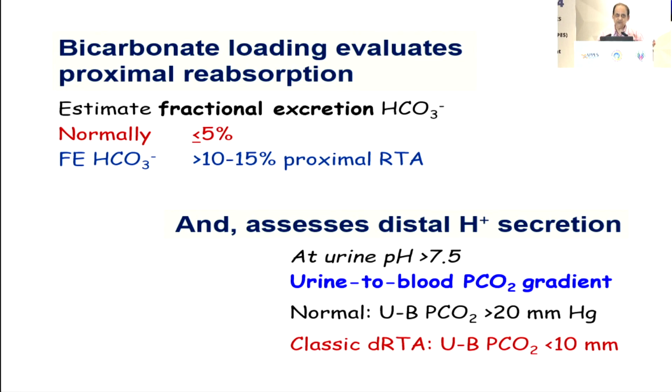The H2CO3 will degrade to water and CO2, and because the distal tubule is rather impermeable to CO2, the CO2 cannot go back, so you will get a high urine CO2 in a normal situation, as compared to a distal RTA where there is no hydrogen ion secretion, and therefore you would not get enough CO2 in the urine. So you can use this single test to diagnose both proximal as well as distal RTA.